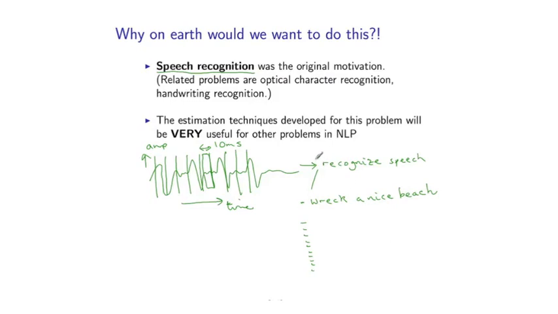Now, if we have a language model, we can actually evaluate a probability p of each of these sentences. And a language model adds some very useful information to this whole process, which is the fact that this sentence, recognized speech, is probably more probable than the sentence recognized beach.